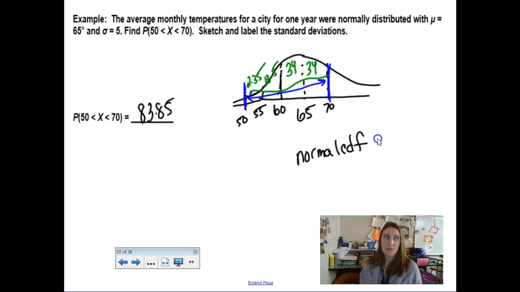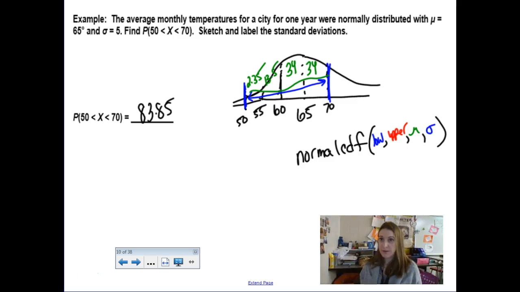So remember, we used to do something with binomial PDF. Well, this is going to be a normal distribution problem, CDF. The order that your calculator wants: it wants your lower bound, and then your upper bound, and then it wants the mean, and then it wants the standard deviation.